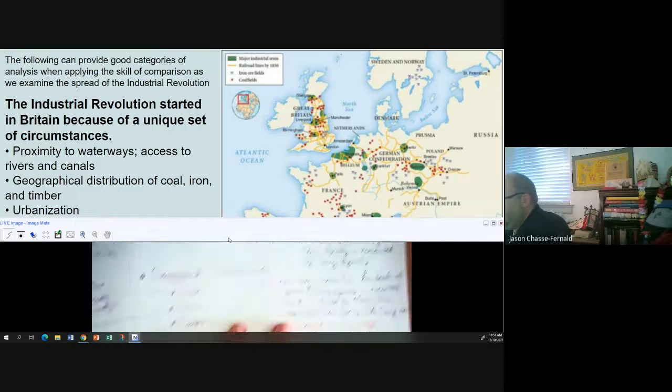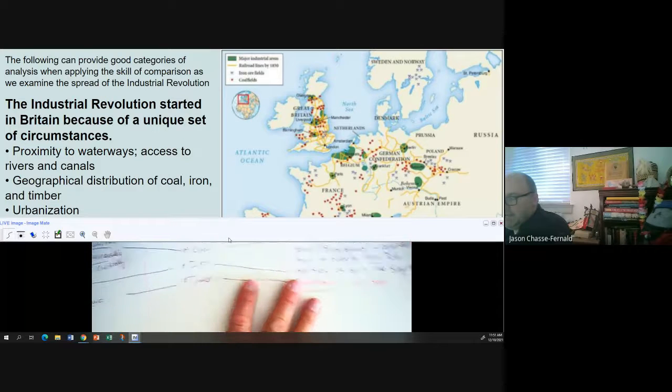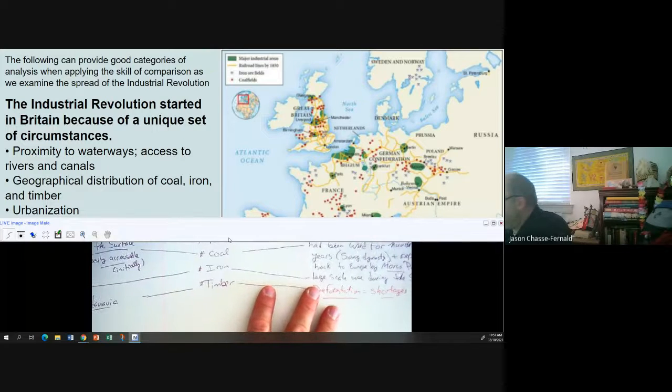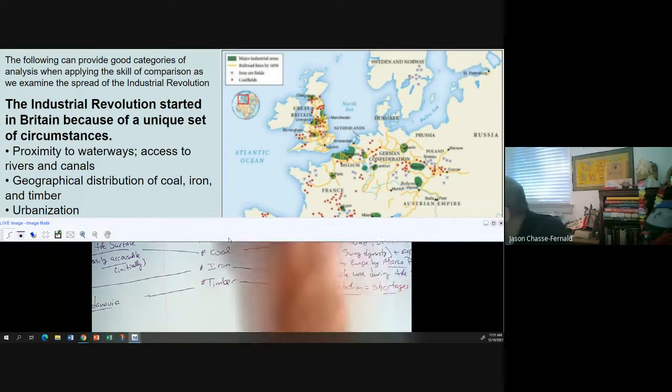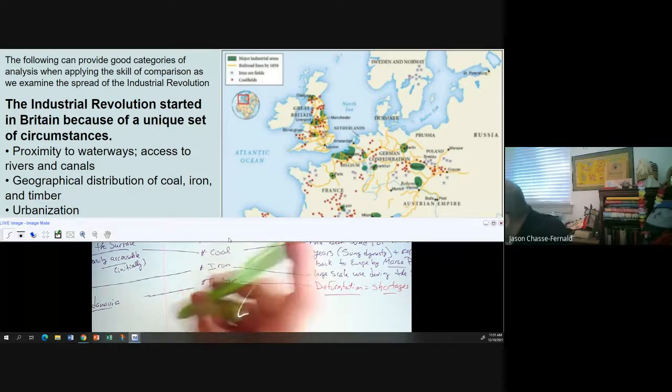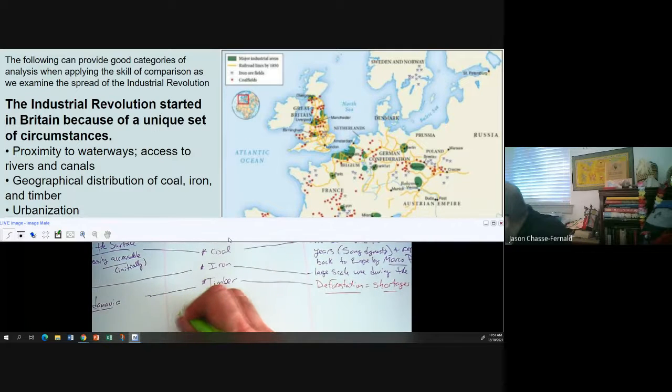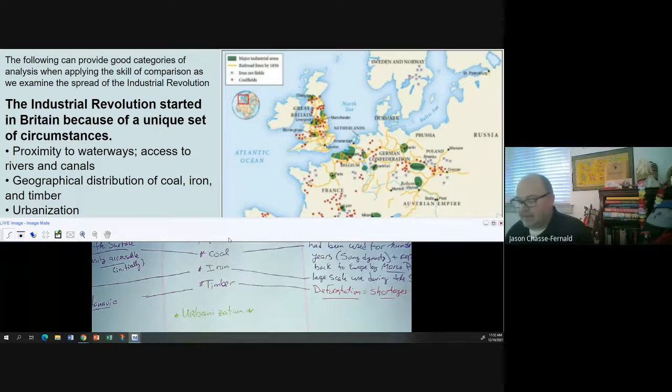All right, how about this one? Urbanization. Was urbanization the big dynamic difference between these two places? Urbanization, the growing of cities.